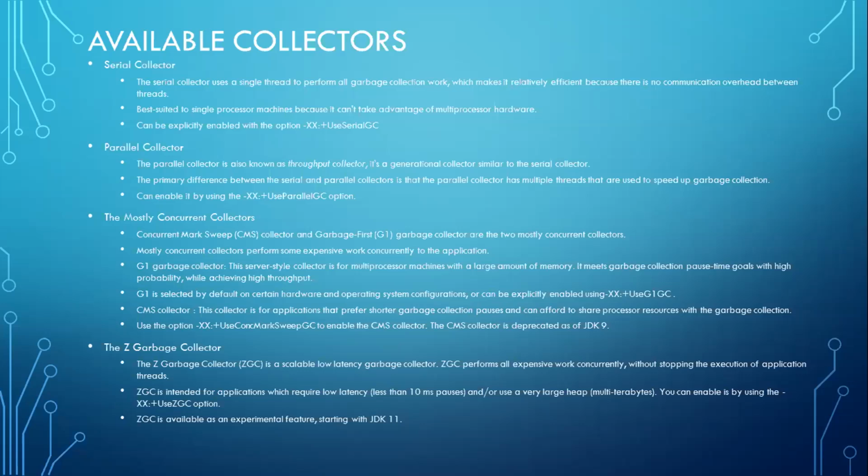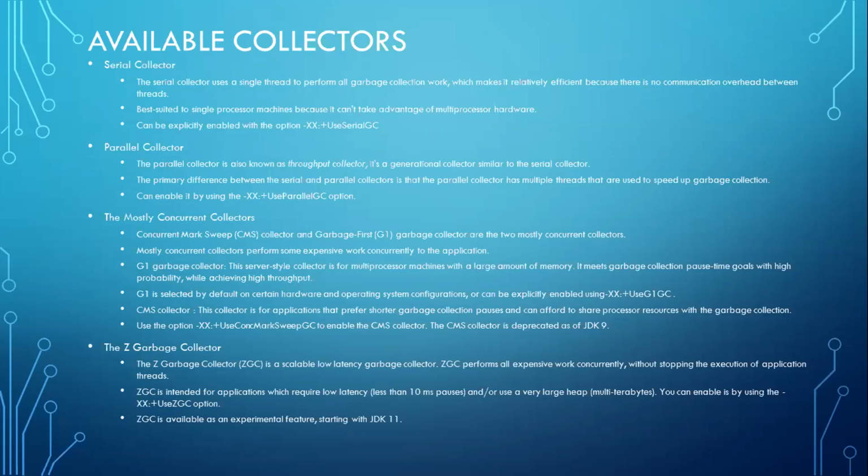Old GC collection will still be single threaded. But if you choose the UseParallelOldGC algorithm, this will give you parallel threads for your GC, both in the young generation and old generation. Okay, so right now we have two collectors, the serial collector and the parallel collector. Within the parallel collector, we have two different algorithms called UseParallelGC and UseParallelOldGC.